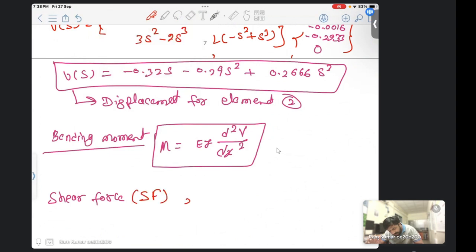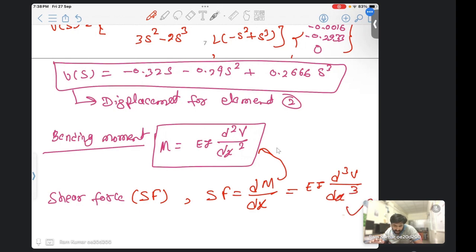So SF equals dM by dx, which is EI d3v by dx3. Like this we have to solve.